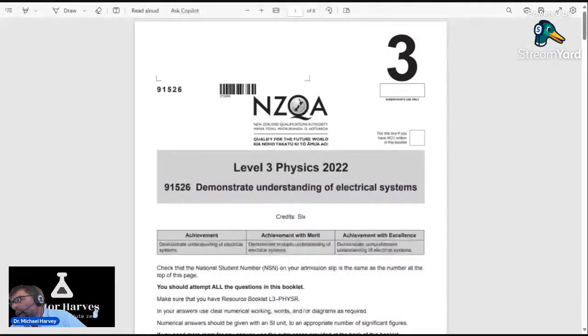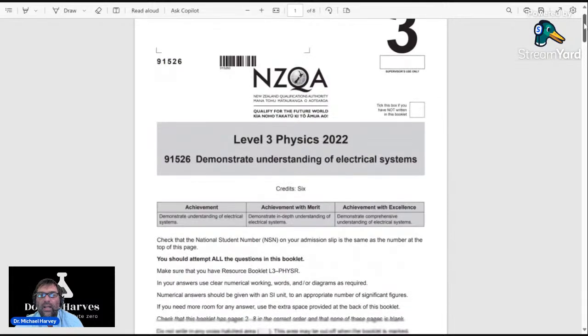Yeah. Mostly the equations that you have on your exam sheet should be sufficient. But I would suggest maybe going over the level 2 physics equations because they should be known now. They don't necessarily have to be in the exam. Yeah. There we go. Anyway, so on to demonstrating an understanding of electrical systems.